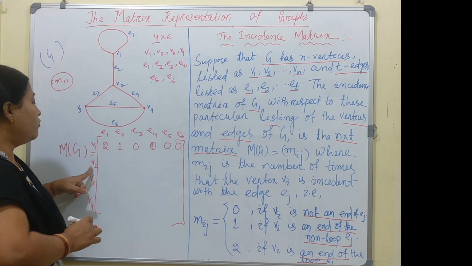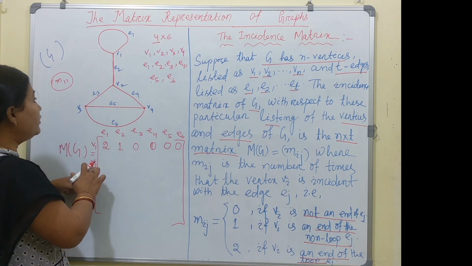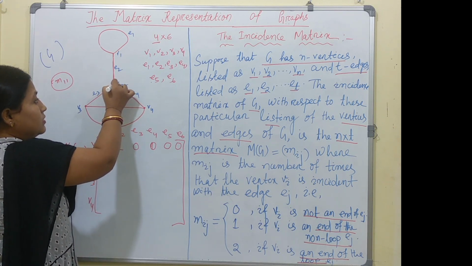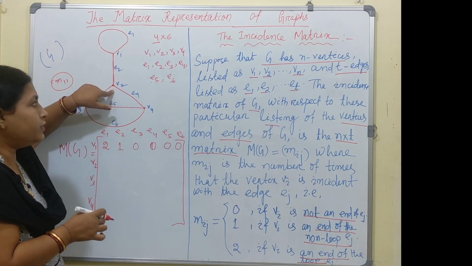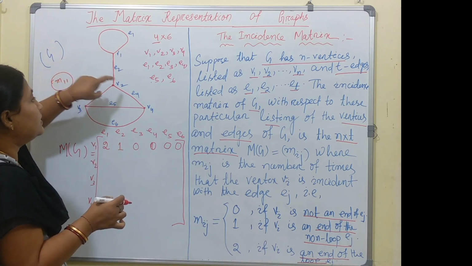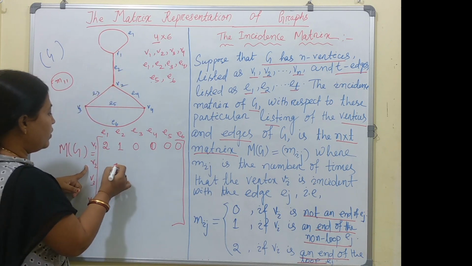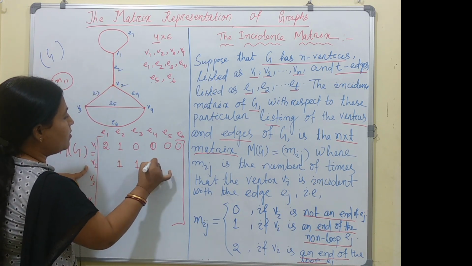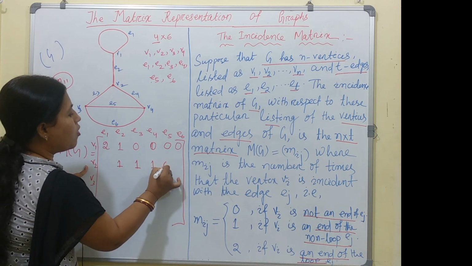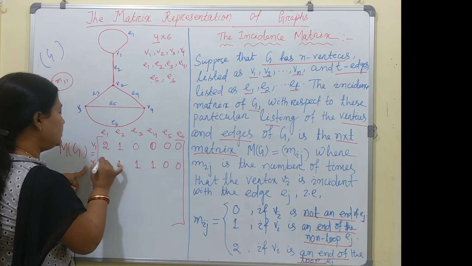Next come to V2. There are three edges incident with V2: E2, E3, E4. So E2 is 1, E3 is 1, E4 is 1. All others are 0.